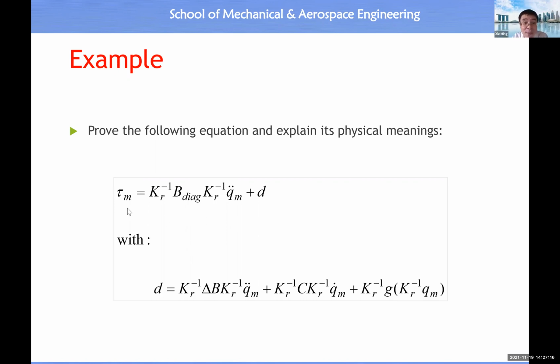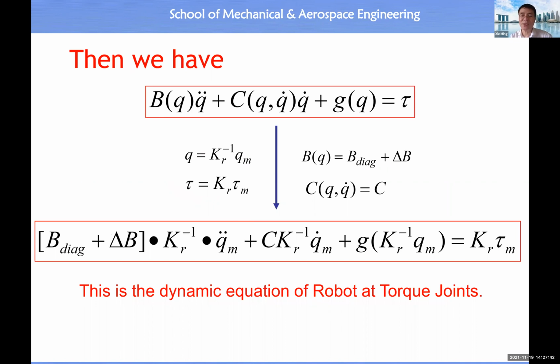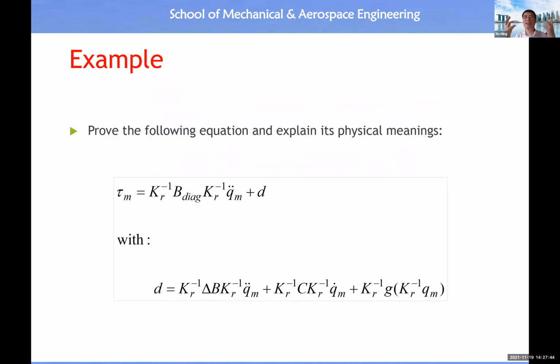So you see the physical meaning is the same. The net torque, the torque minus this one, will contribute to the acceleration of a generalized coordinate. This is the physical meaning. Then we want you to use this to prove this result. It just prepares you to understand the meaning of this equation. If you write it in this form, you have a better understanding of the meaning of this equation.